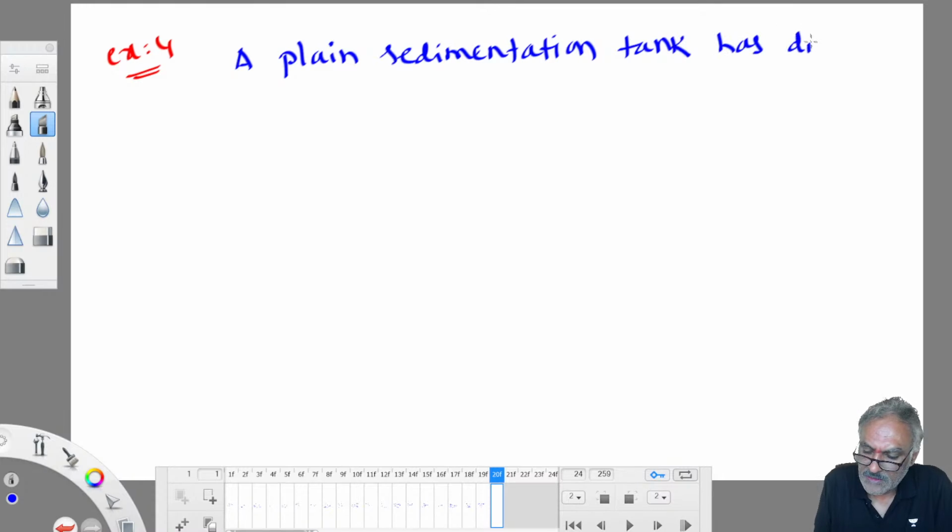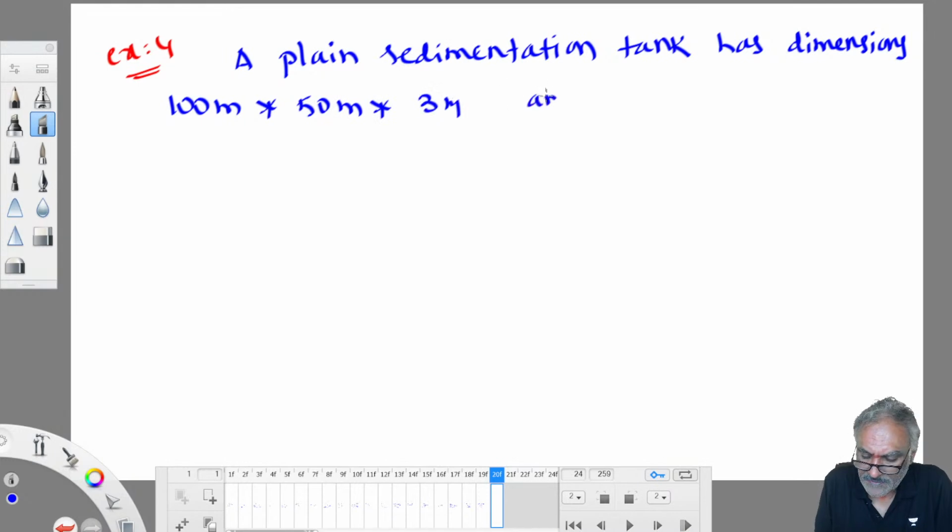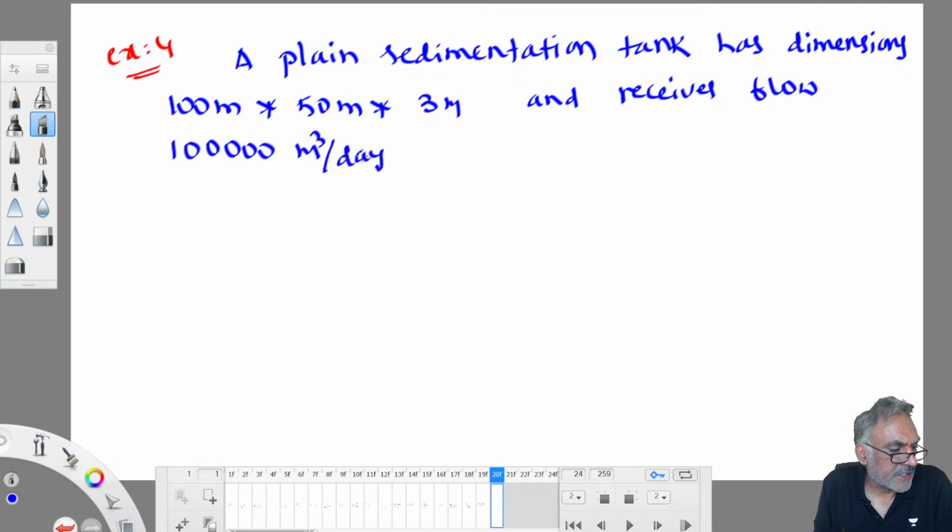A plane sedimentation tank has dimensions 100 meters by 50 meters by 3 meters and receives a flow of 1 lakh cubic meter per day.